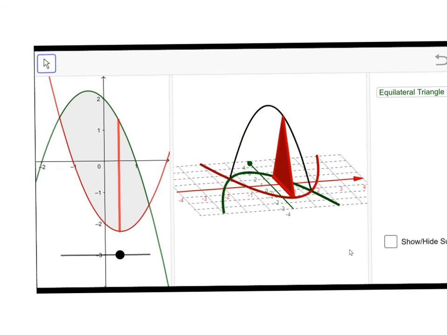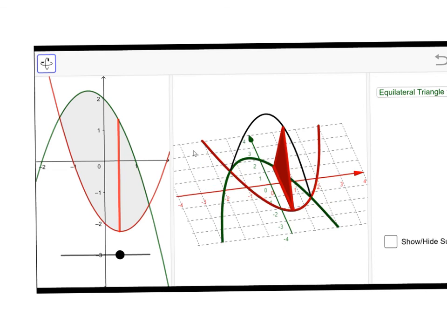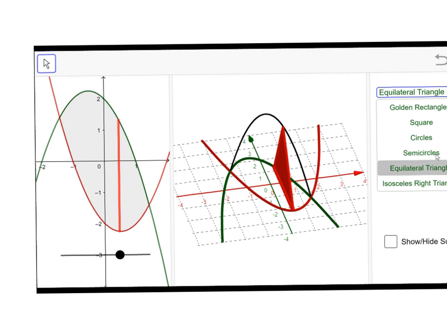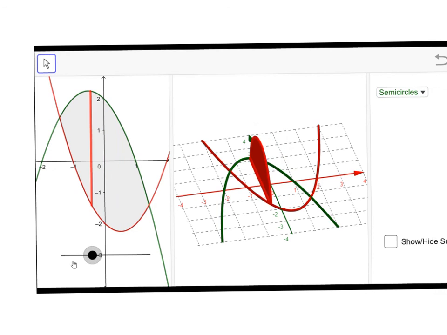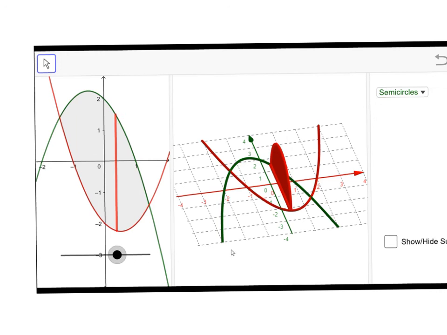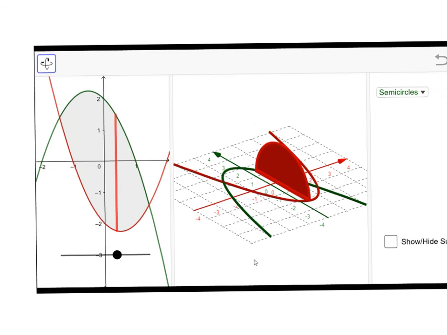Okay, now let's say we have the same two curves, and each vertical line segment is the diameter of a semicircle. Okay, so let's see what that looks like. As I slice my base perpendicular to the x-axis, I have a semicircle where that vertical line segment is the diameter. So let's look at that at various angles.